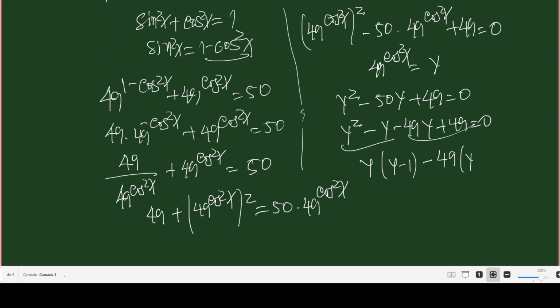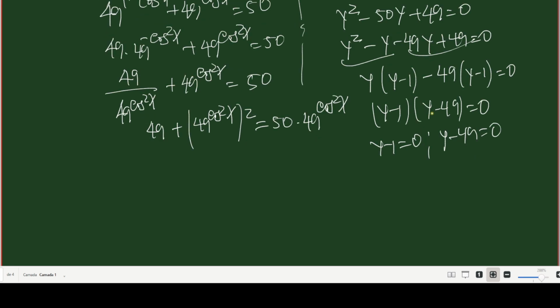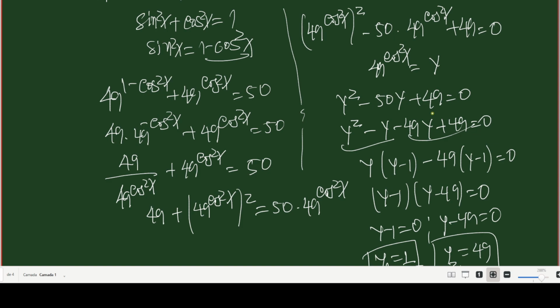So we're gonna have y minus 1 which multiplies y minus 49, equal to 0. Y minus 1 equals 0, and y minus 49 equals 0. And then from here y1 is equal to 1 and y2 is equal to 49, and this is what we get.